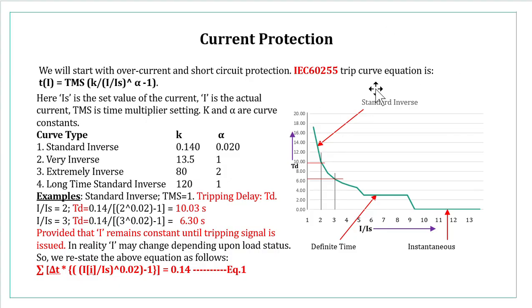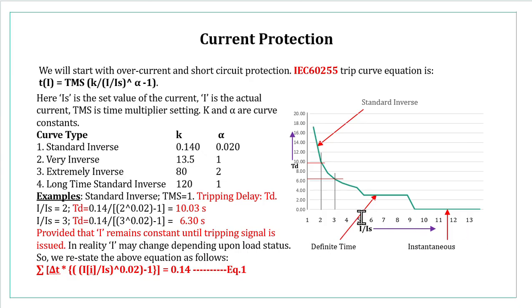If you look at standard inverse, what actually happens is that the current goes from normal and becomes overcurrent and reaches something like 5 times, then we follow this characteristic. The higher the value of overcurrent, the faster it trips. This is the time axis and this is the I upon IS axis.